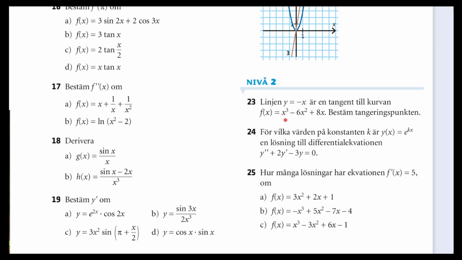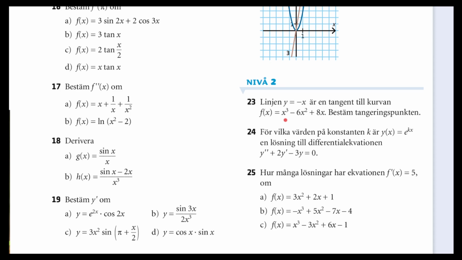So the next step is more or less natural. You are supposed to put this into the function to find the y value. So what happens? F of a becomes 1 to the power 3 minus 6 plus 8, which is 3. So if this is correct, this is the point of tangency.